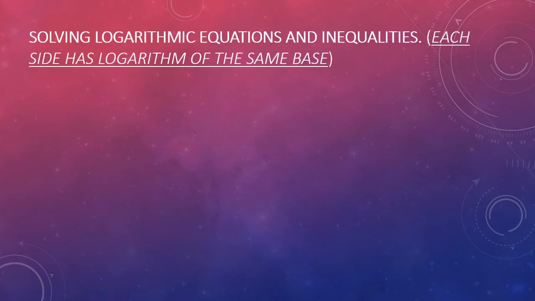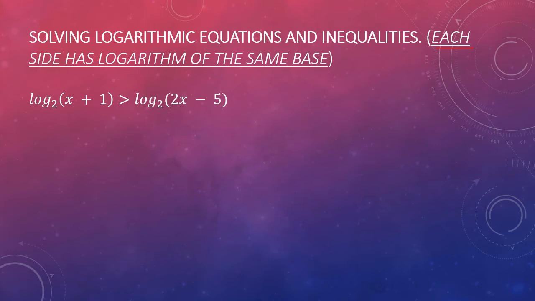Solving logarithmic equations where each side has a logarithm of the same base. So we have here logarithm of x plus 1 to base 2 is greater than the logarithm of 2x minus 5 to base 2.